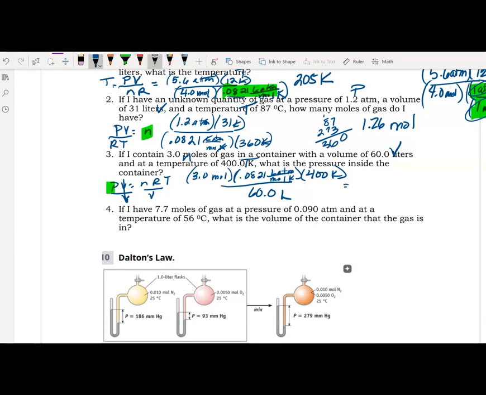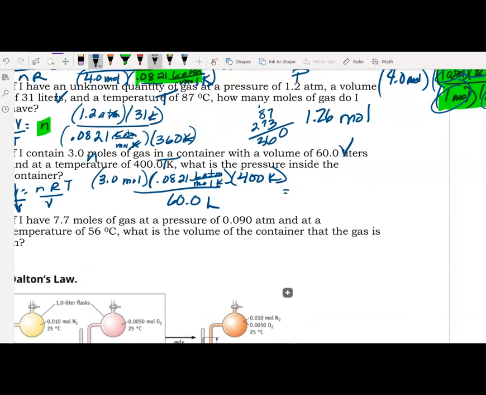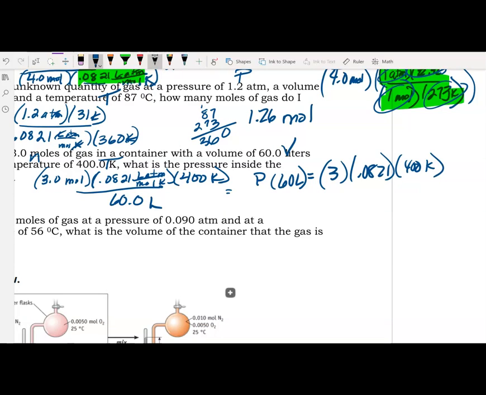So that's why I'm using nRT. If you would prefer, you can leave it and do P times 60 liters is equal to 3 times 0.0821 times 400. That will work just the same way. Both of them will do the same. Whatever works for you is fine with me.